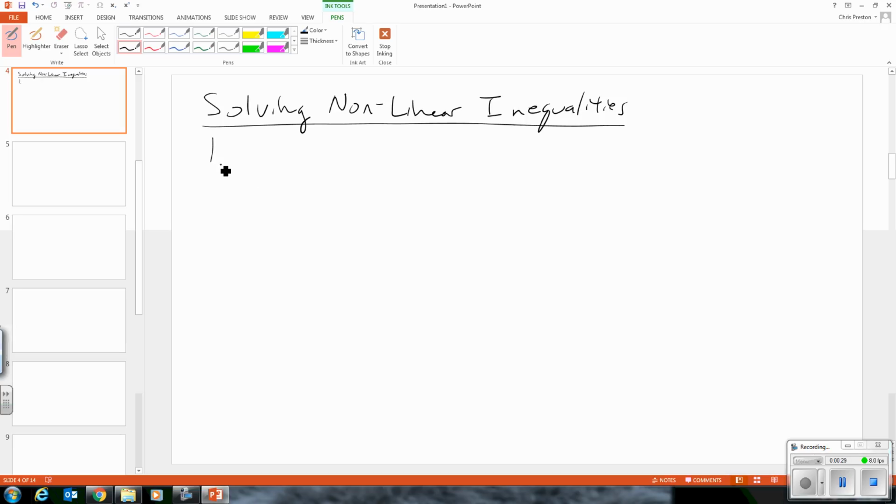So the first step to solving a nonlinear inequality, we're going to start by finding the critical values. So what is a critical value? Well, there's two types of critical value.